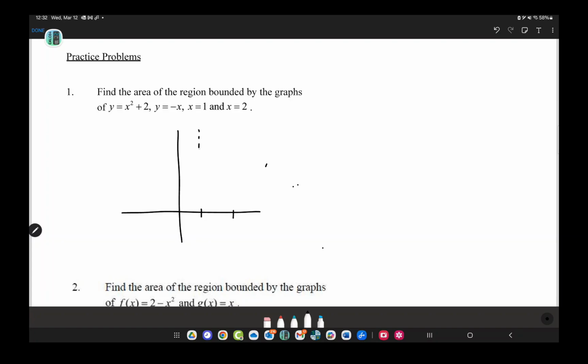We have bounds here. So y equals negative x means at 1 we should have negative 1. At 2 we should have negative 2.